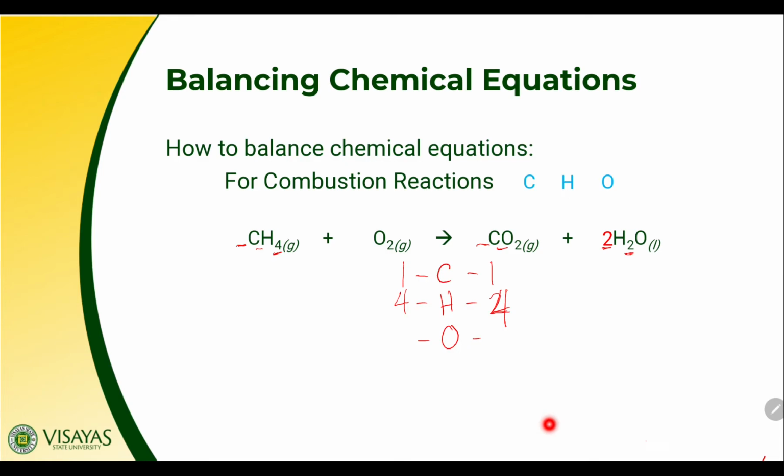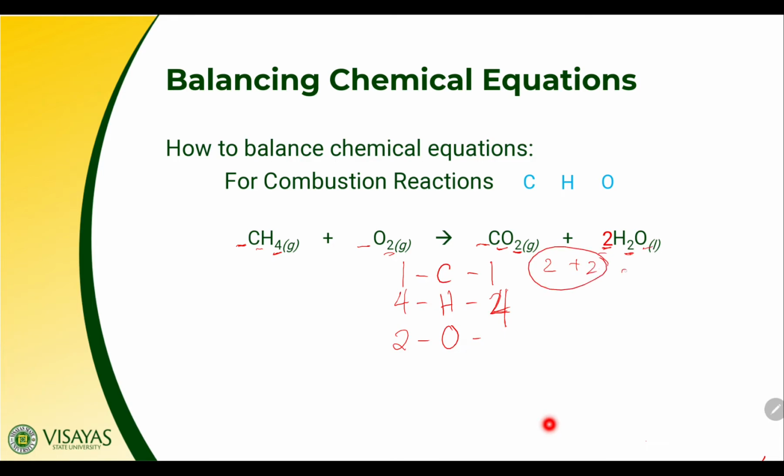Then we now balance the number of oxygen atoms. To balance the number of oxygen atoms, we have to look at the number on both sides of the equation first. So we have 2 times 1, we have 2. On the product side, we have 2 times 1 in the coefficients, we have 2, plus here we have 1 times 2, we have 2.